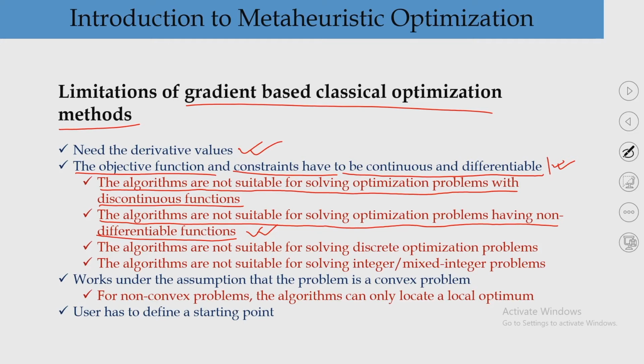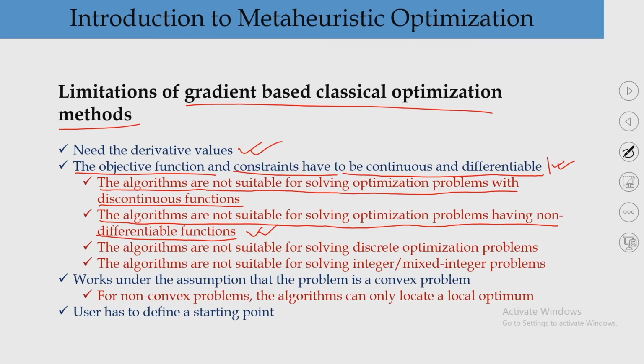Many times you will face some problem in calculating the derivative of the function. Okay. So, therefore, these algorithms are not suitable for solving optimization problems having non-differentiable functions, even if sometimes it is differentiable, but it is very difficult to calculate the derivative. So, it may take a lot of time to calculate the derivative also. So, in that case also these algorithms are not suitable.